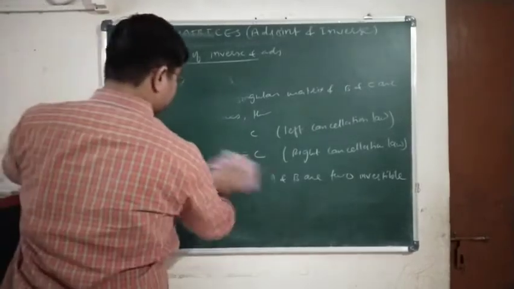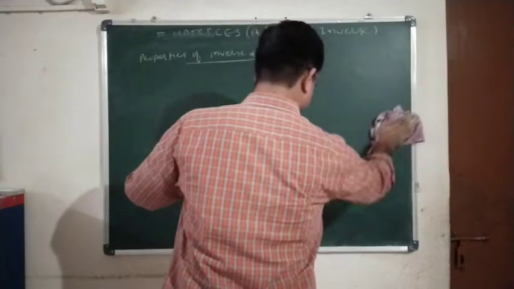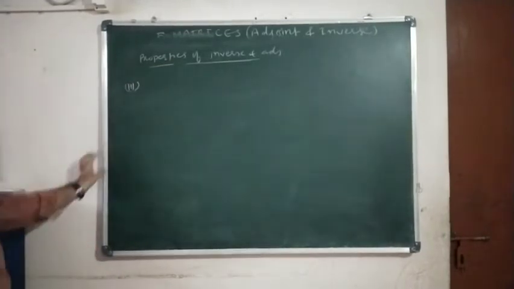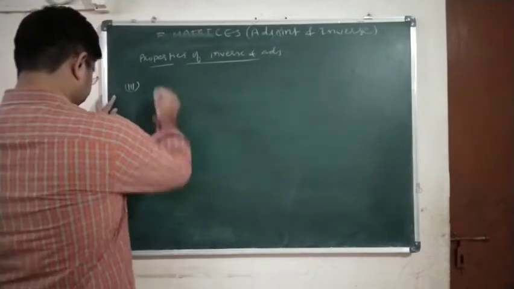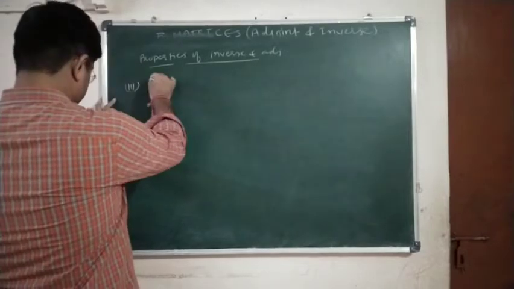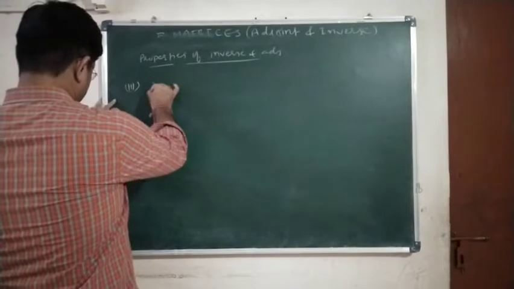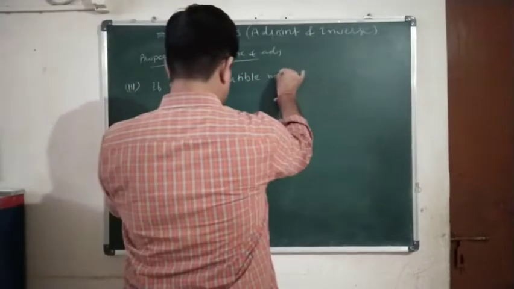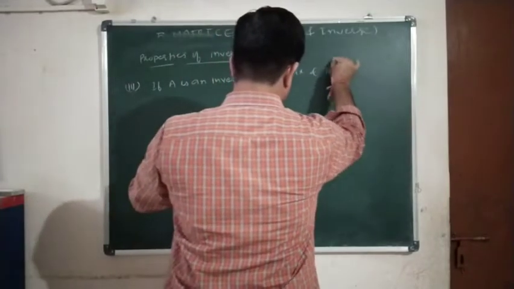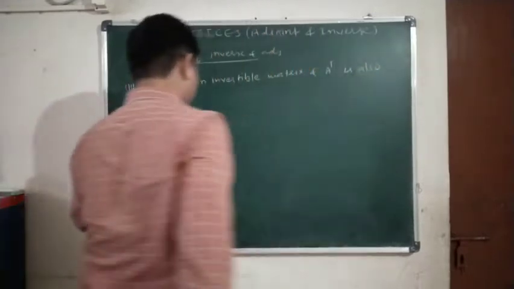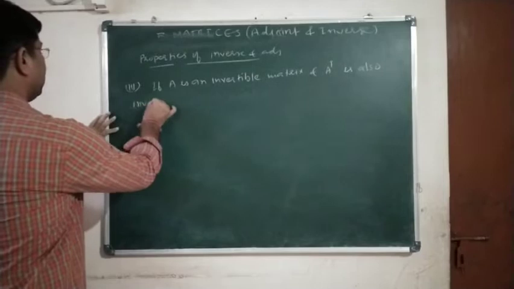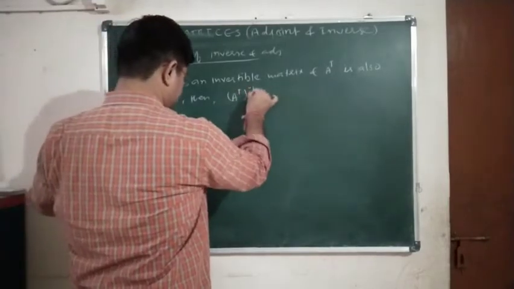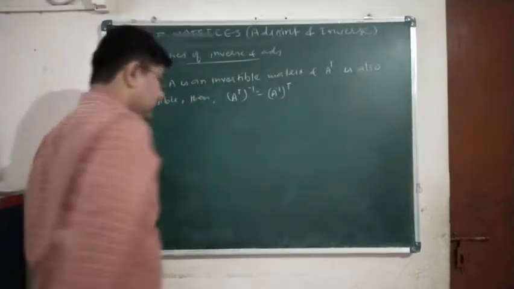Property number 3. If A is an invertible matrix and A transpose is also invertible, then A transpose whole inverse is equal to A inverse whole transpose.